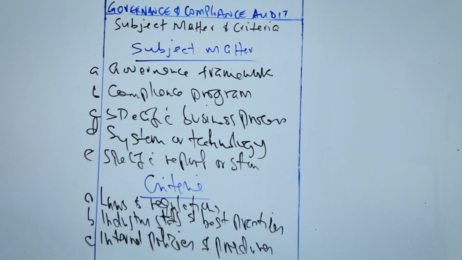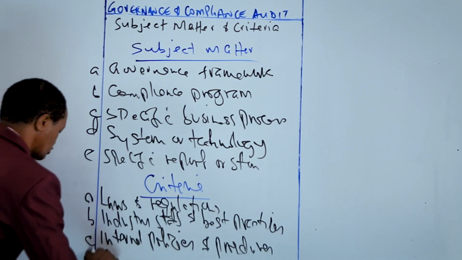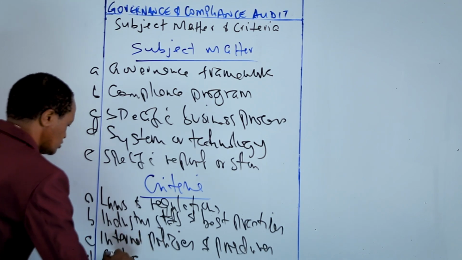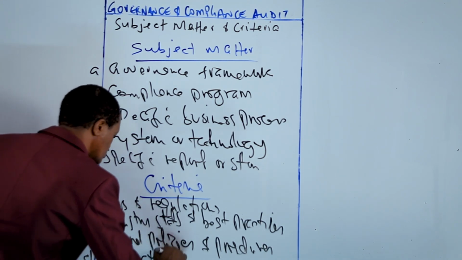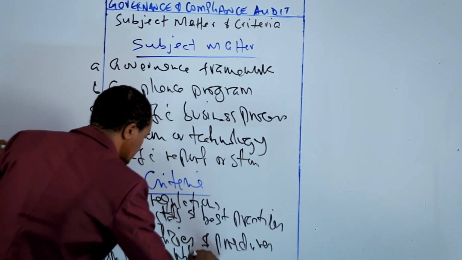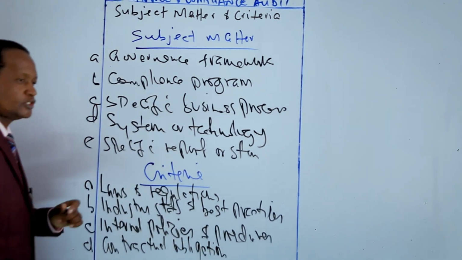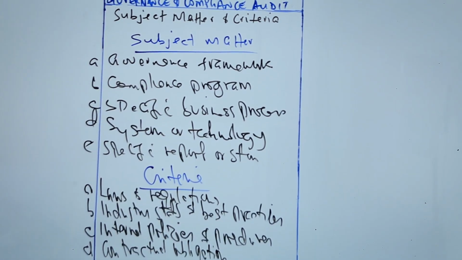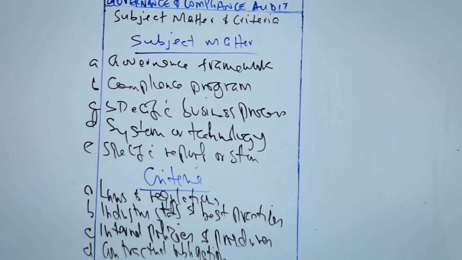You can go on and mention criteria like contractual obligations. These are the terms and conditions of a contract, such as a vendor agreement or service level agreement, which can serve as a criteria.